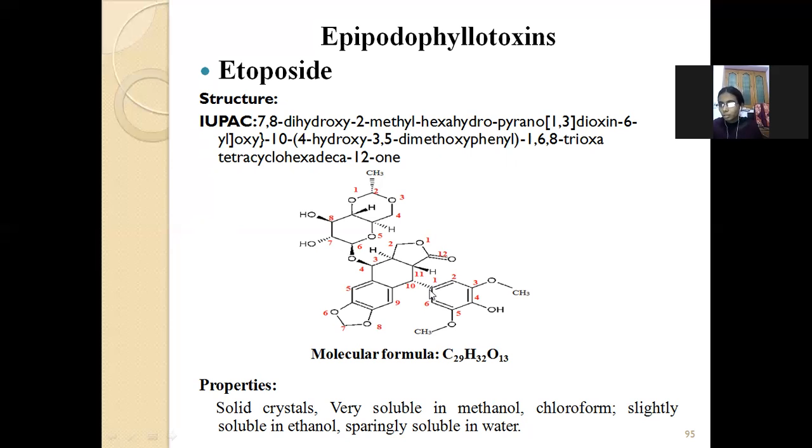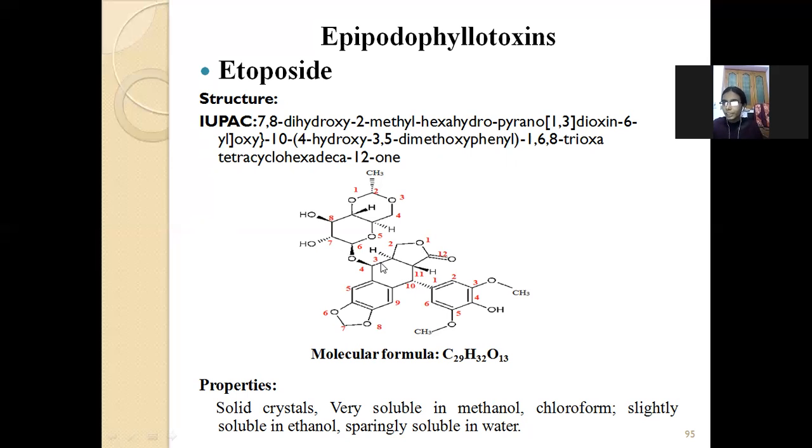So in the phenyl, if we see, the 4th position is hydroxy, and the 3rd and 5th positions are methoxy. How many are there? 2. So it is 3,5-dimethoxy, and this is the phenyl which is attached to the 10th position.